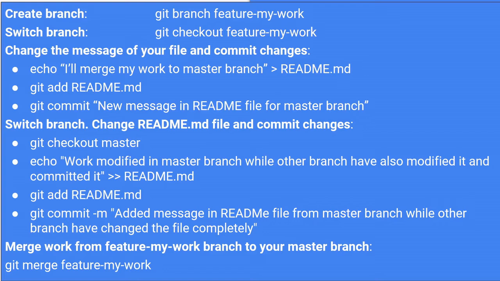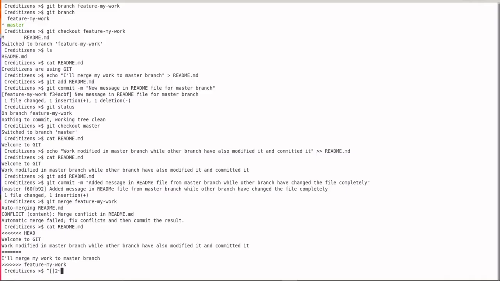Because you did some work in your feature branch, when you're coming back into the master, you need to bring that work into the master, so it will be merged with the other files. So you do a git merge, the name of the branch where you were working on, and after that you're going to see the conflict happening when the other one is going to try to commit.